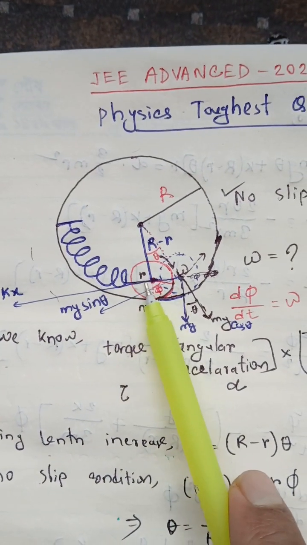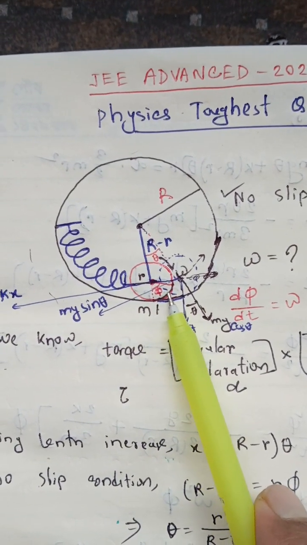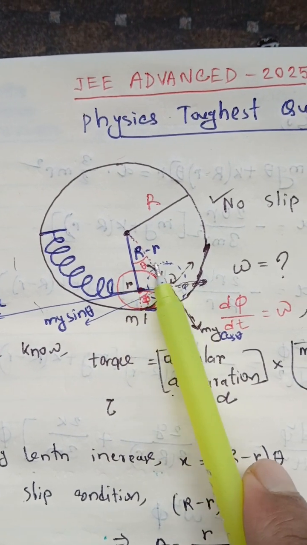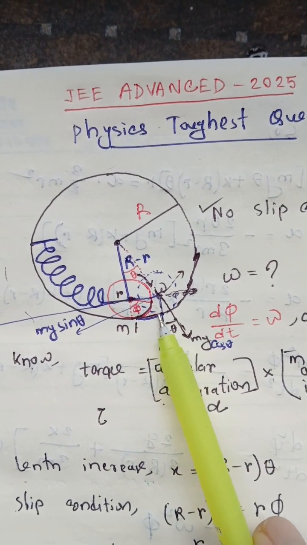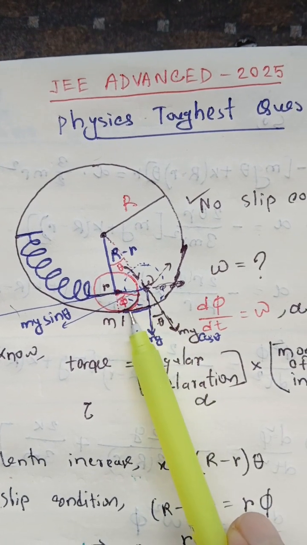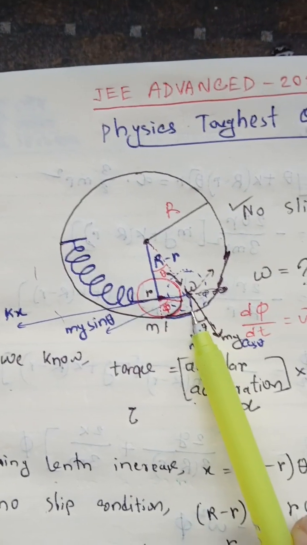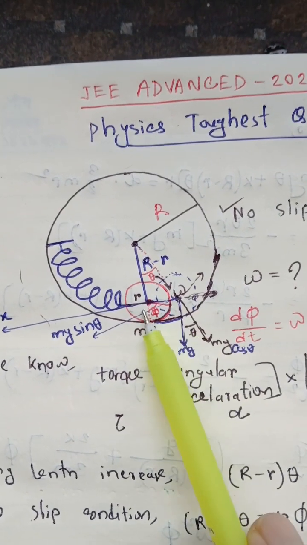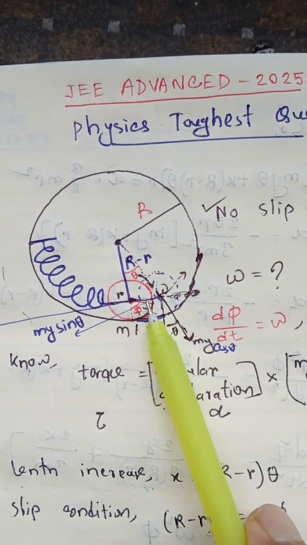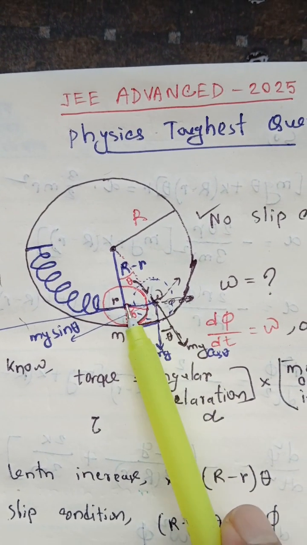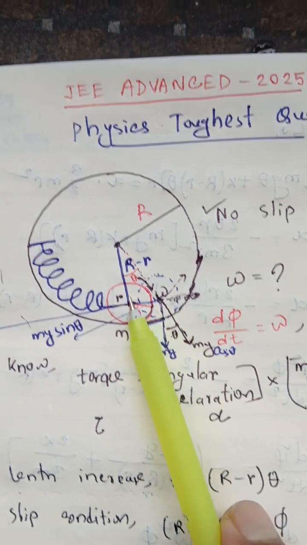So we find the spring's increase in length. If the disc rotates from this direction, it covers this distance, and this length is equal to the change of the small disc's center from this point to this point.